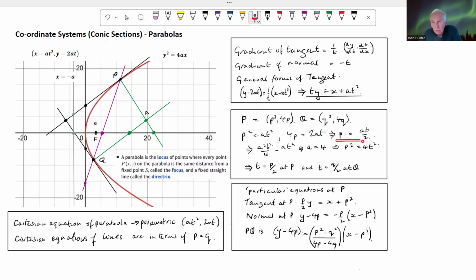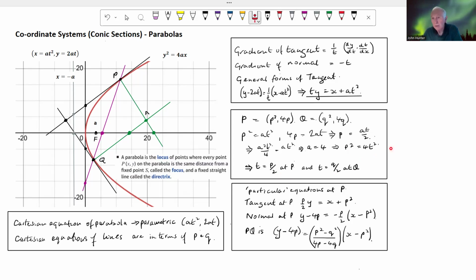And therefore p equals at over 2. a t squared over 4 equals a t squared, therefore a equals 4. So we've derived that from these two equations, and then p squared is equal to 4t squared. t equals p over 2 at the point P, and t equals q over 2 at the point Q.